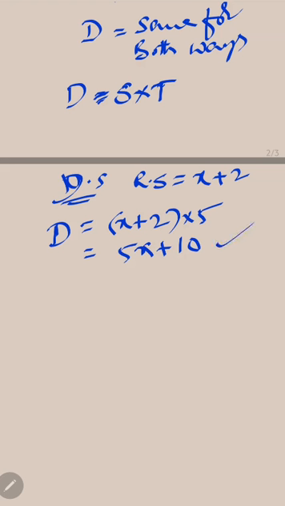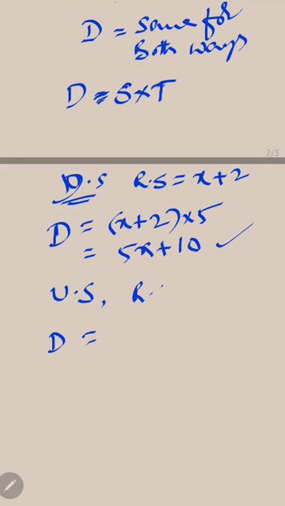Second, for upstream we have to find it now. Upstream is also the same distance. Distance is equal to speed into time, but here the speed changes. What is the speed for upstream? For upstream, the water force resists the speed of the boat. That means we have to subtract the speed of the water from the boat speed.